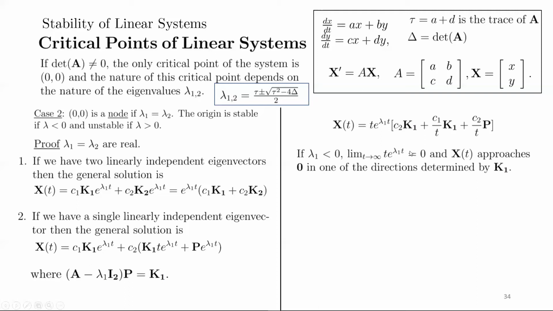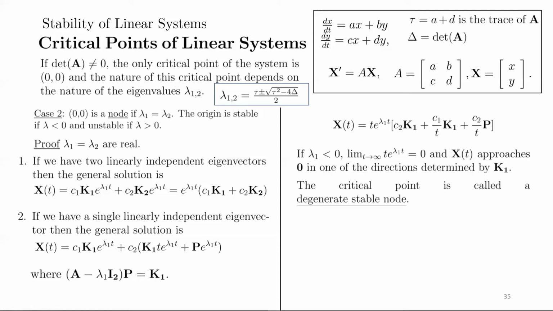And that's because, of course, an exponential decays much faster than a polynomial. So we've got a polynomial t times an exponential here. So if lambda 1 is less than 0, the limit as t goes to infinity is 0. And x approaches the origin, or the critical point. The critical point is at the origin. And one of the directions determined by k1.